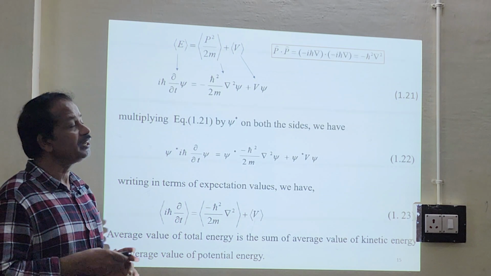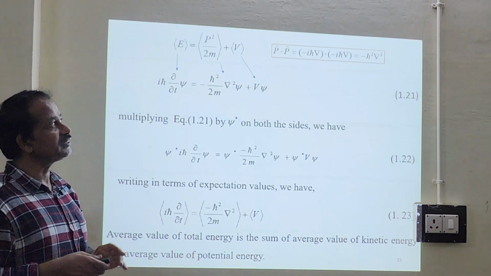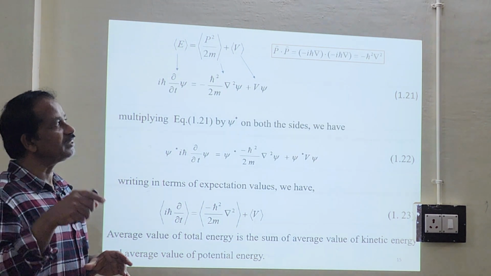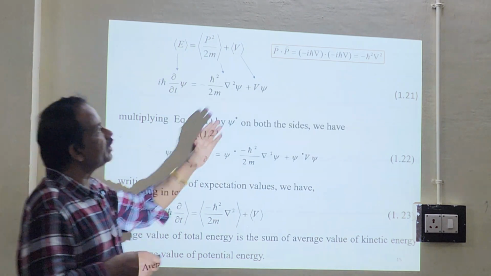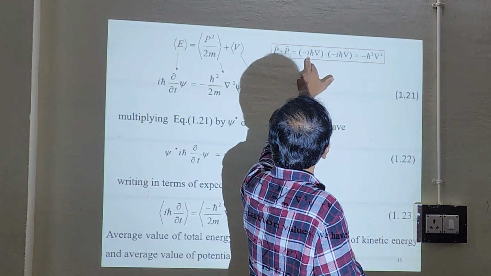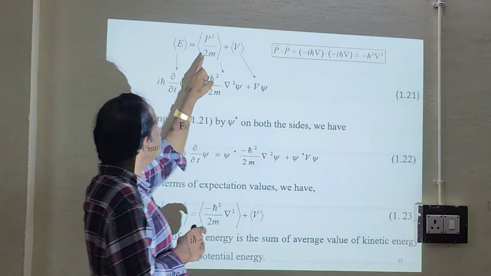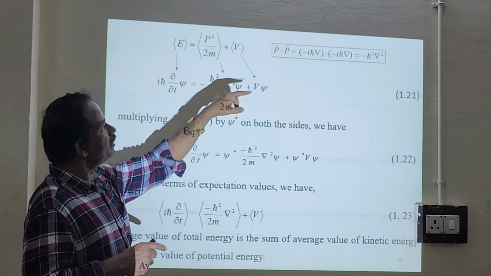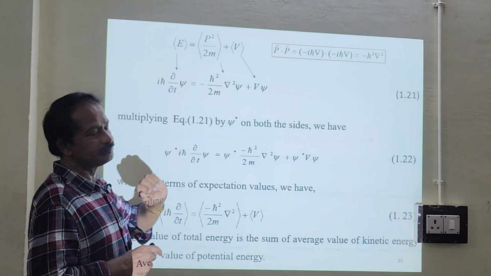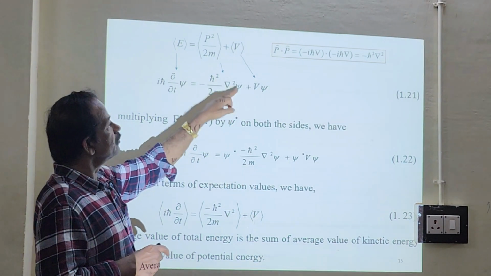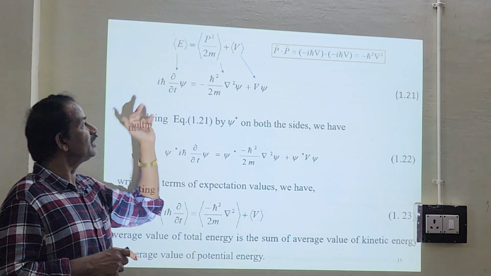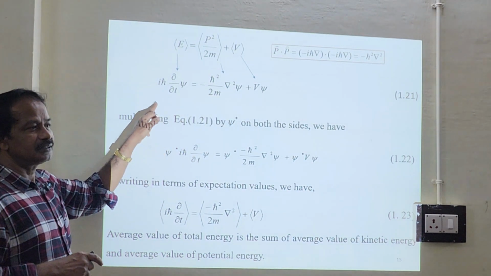P dot P is equal to minus i H cross del dot minus i H cross del. Of course, minus times minus gives plus, and i squared is minus 1. So minus H bar squared del squared. The second term becomes minus H bar squared del squared divided by 2m. Correct? Plus V, multiply throughout by psi, will give you this one.